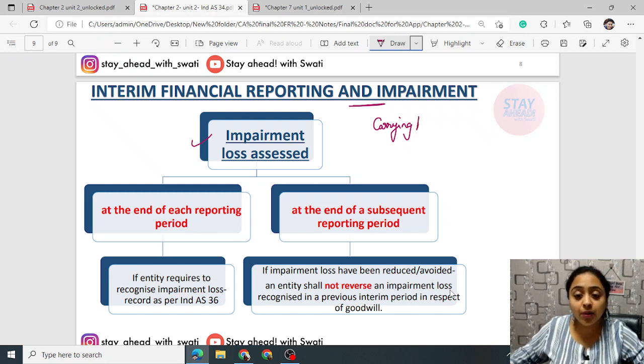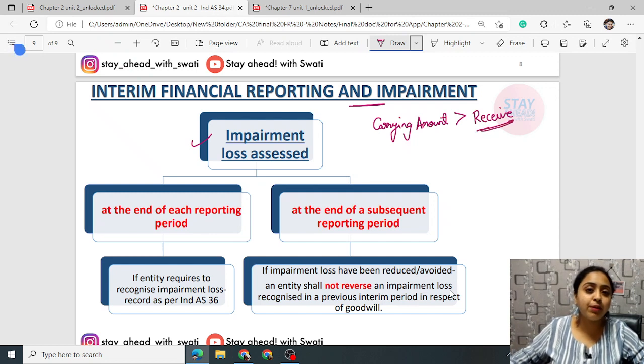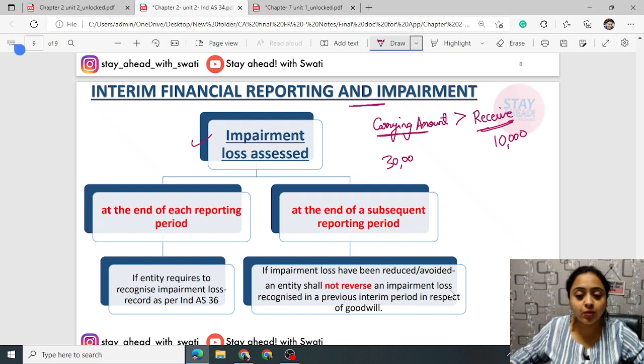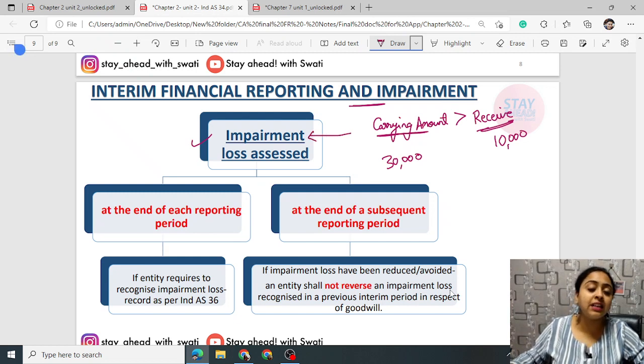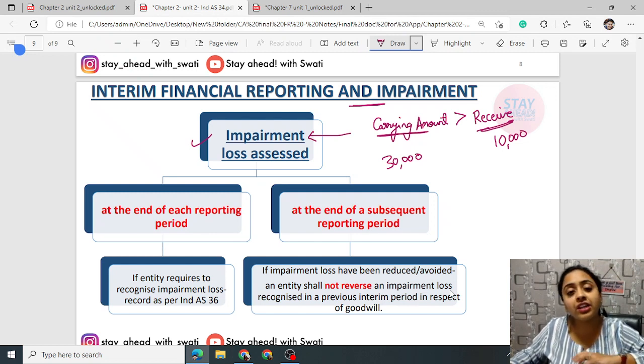If you sell this asset, you will receive 10,000 rupees, and if the carrying amount is 30,000 rupees, such a decline from what you will receive from the market is known as impairment. The particular asset is impaired, and the difference of rupees 20,000 is then transferred to P&L.